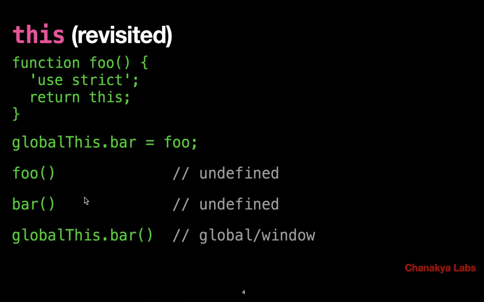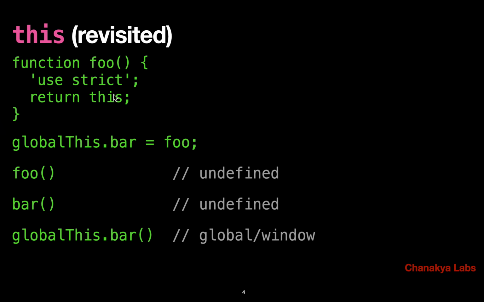This bar is not called directly in global context. This bar is called in the context of the globalThis object. Now globalThis object dot bar, which means that inside bar this will be globalThis, and that's why inside bar, which is the same as foo. So when you call bar, actually foo will be called.